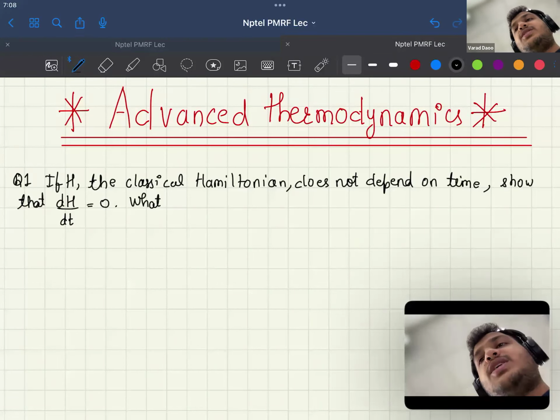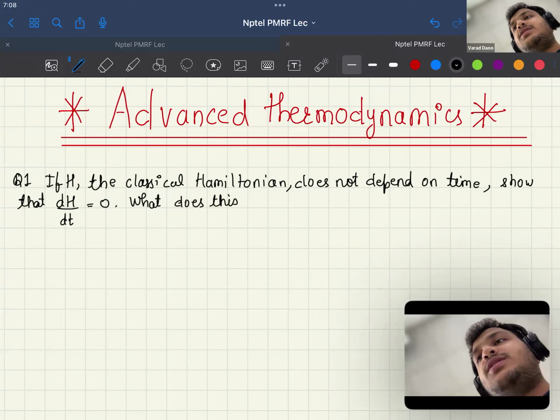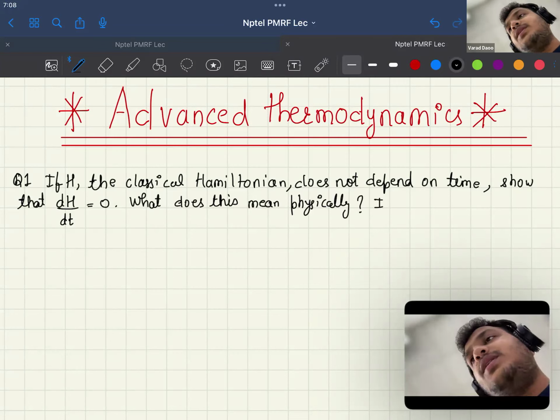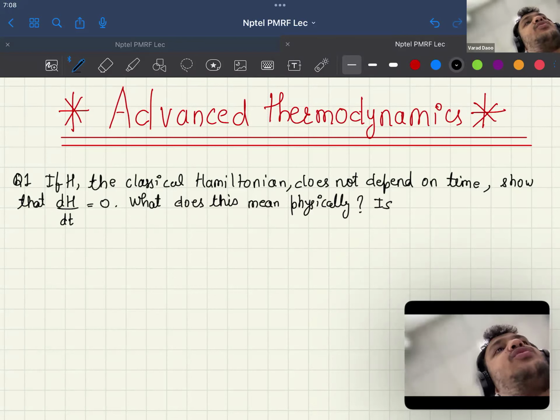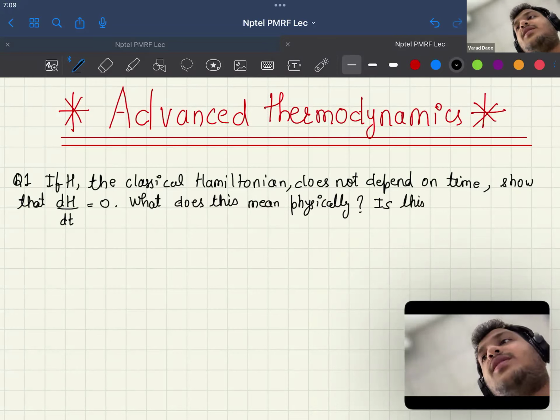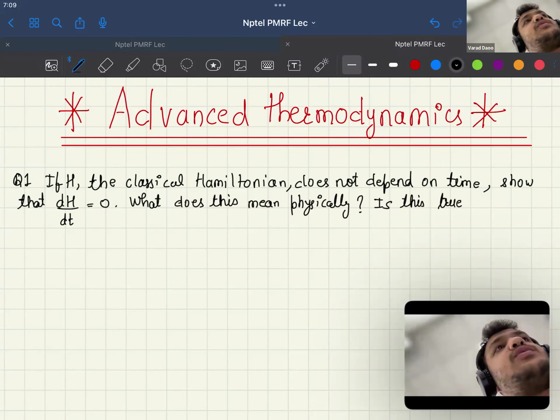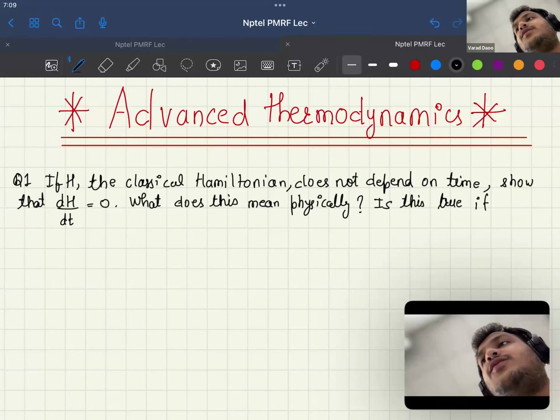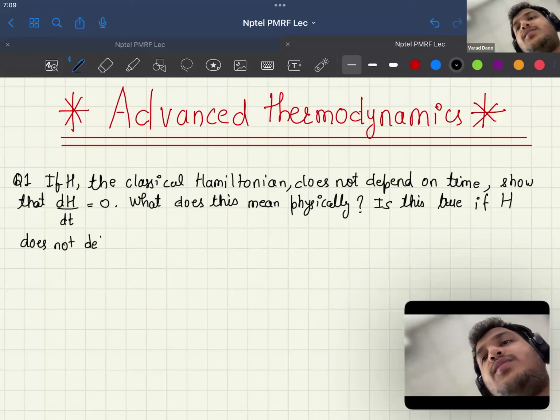The second part of the same question is, what does this mean physically? And the third part would be, is this true if H does not explicitly depend on time?